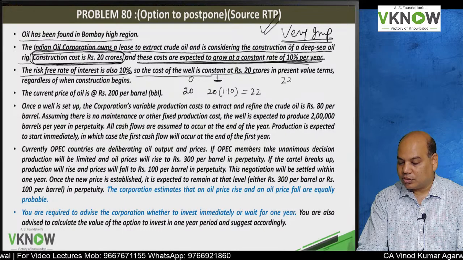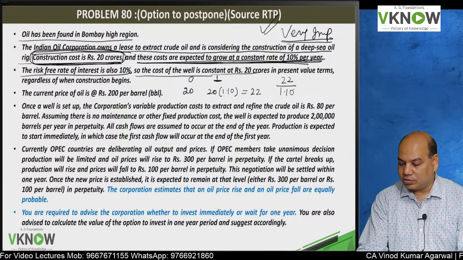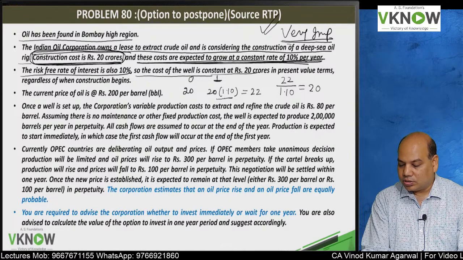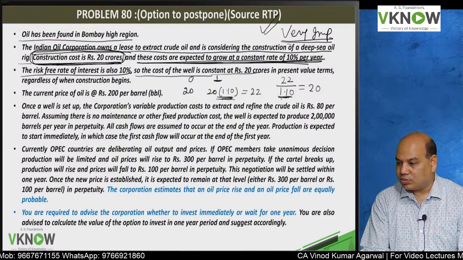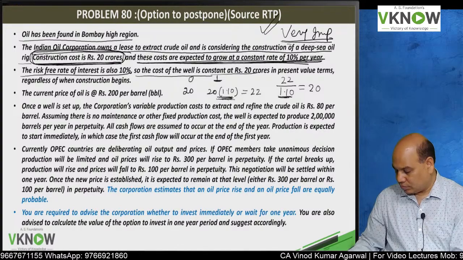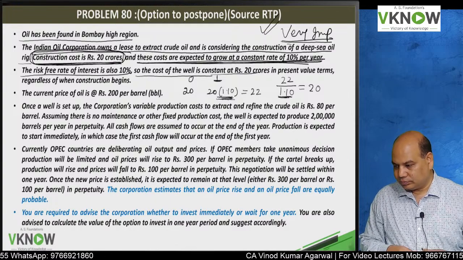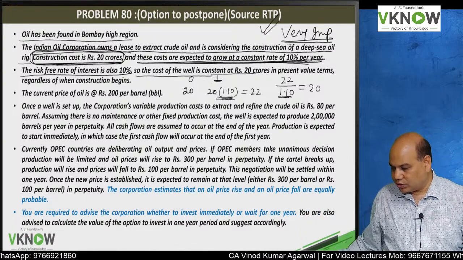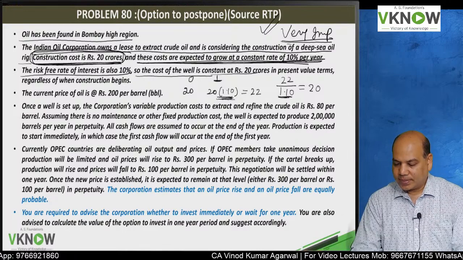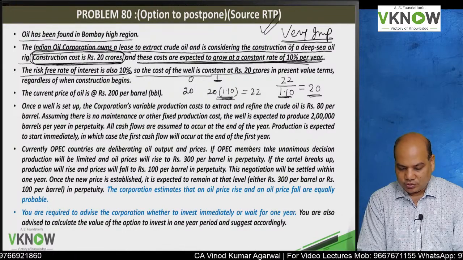This means that if I compute the present value, it will come back to 20 crore because cost will increase by 1.10, but when you discount it by the same factor, you are going to get the same amount.